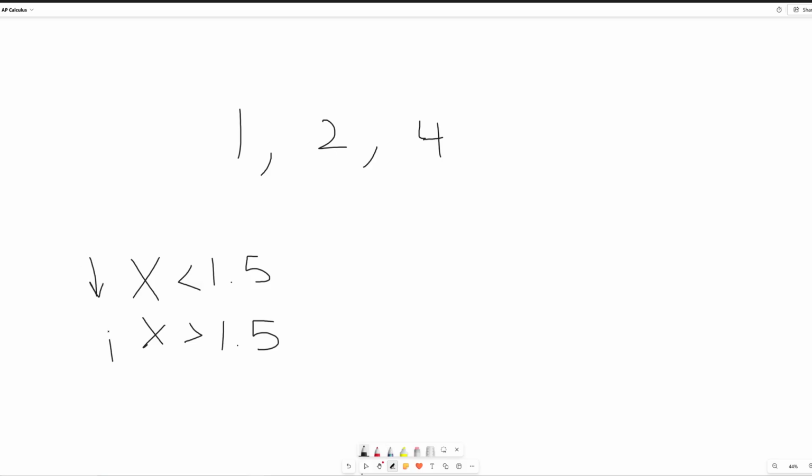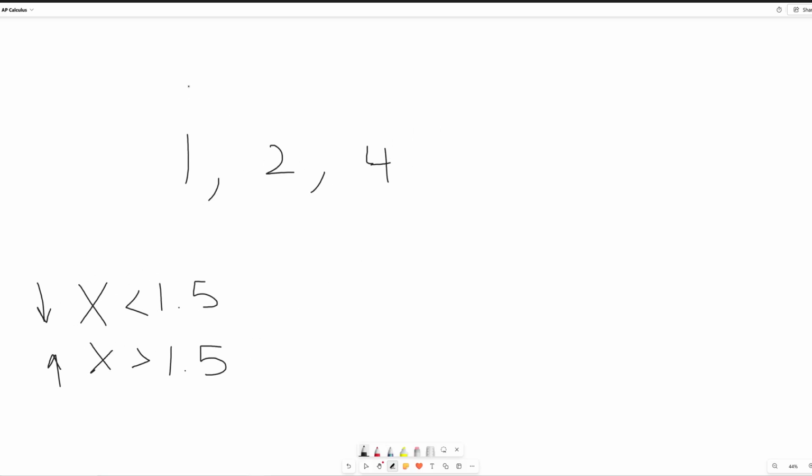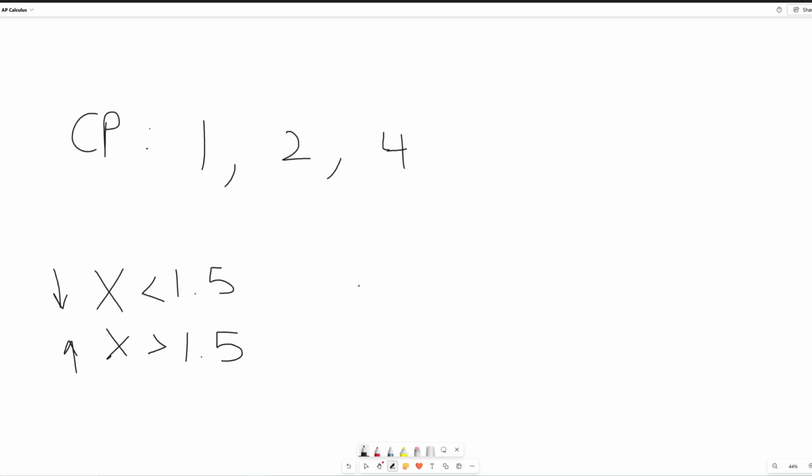Then we can say that because x equals 1 is a critical point, and it is concave down because it's less than 1.5, it's going to look like this: concave down and a critical point up here. You don't even need to know the signs of the derivative to figure out that this is a relative maximum.